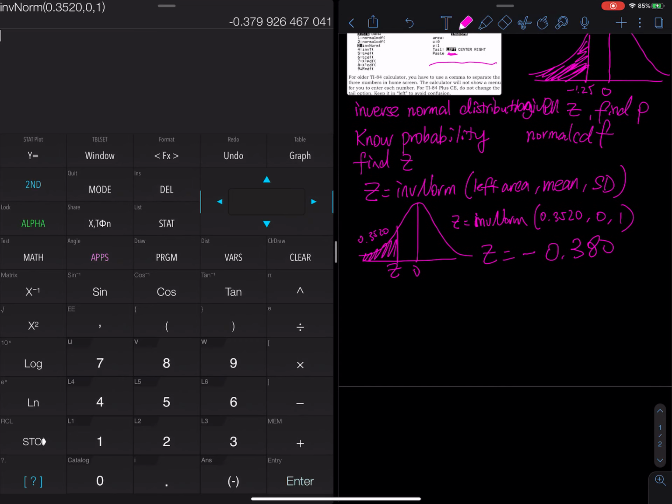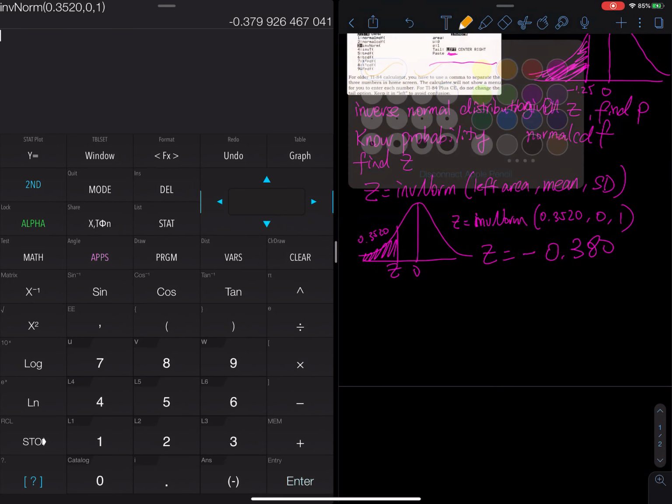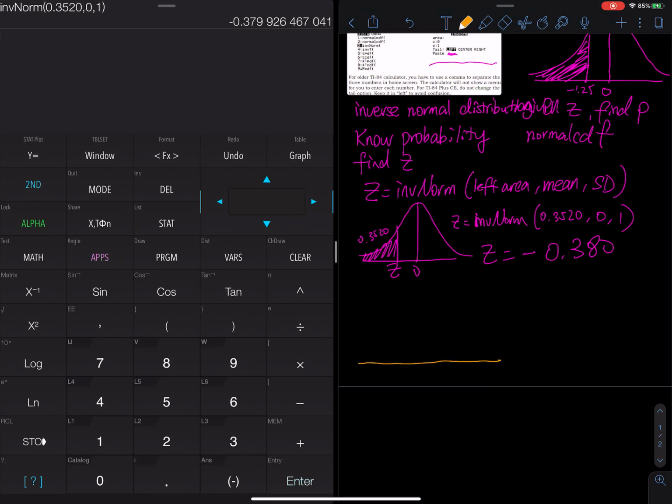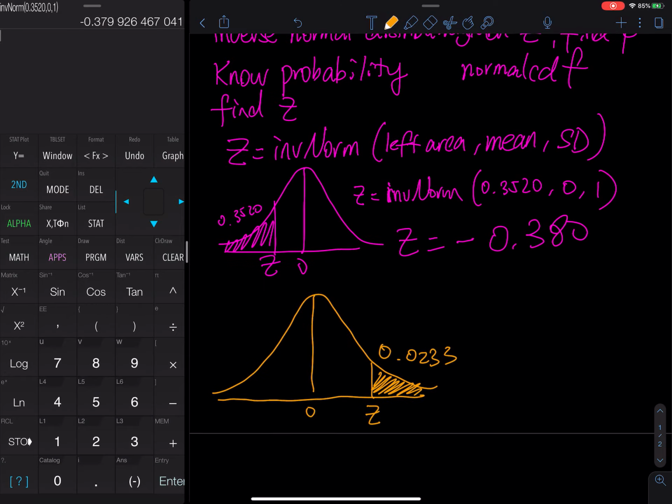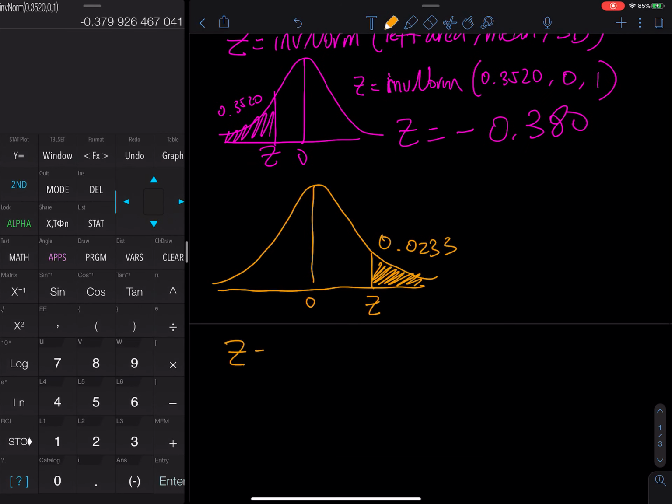And then number 2, let me change color for number 2. For number 2, you have another bell curve. You have the mean in the middle, that is 0. This time you have an area on the right-hand side, 0.0233. So what do you have to do? You have to do Z is equal to inverse norm. I know the area is always the left side, but we can still do it.